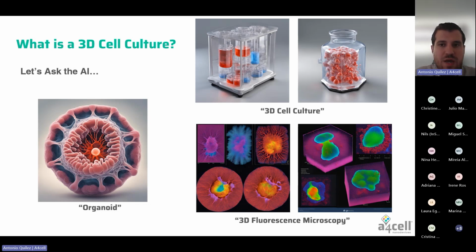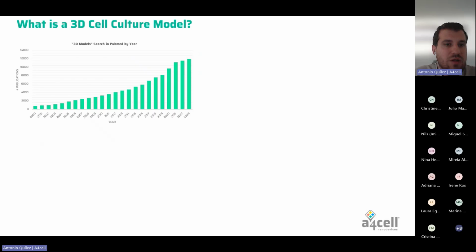Once I reviewed this, my next question was, okay, so what are people working on regarding 3D cell culture models? So I searched in PubMed, and what I realized is that in the last 3 years, there are more than 10,000 publications per year on these topics.